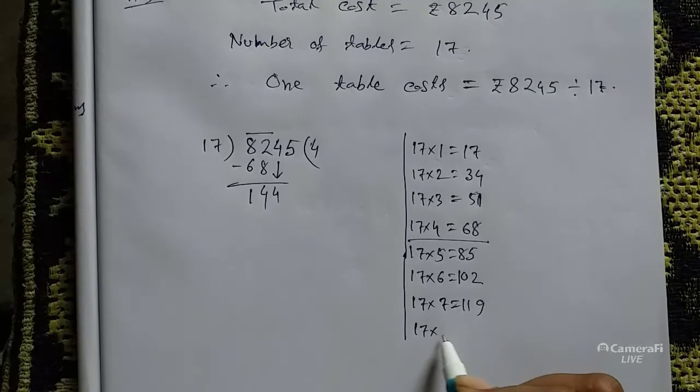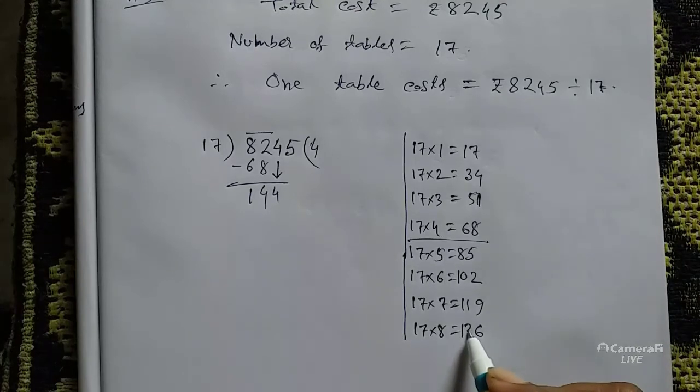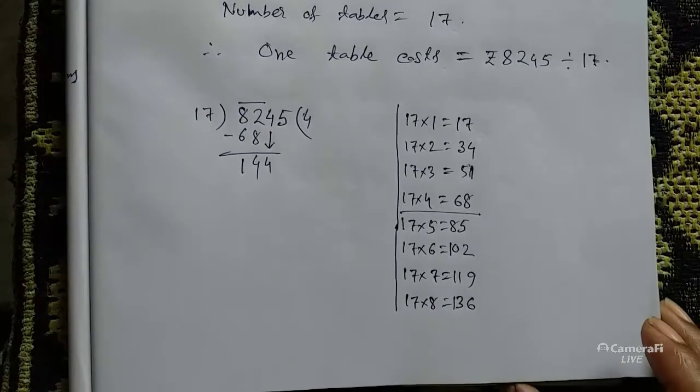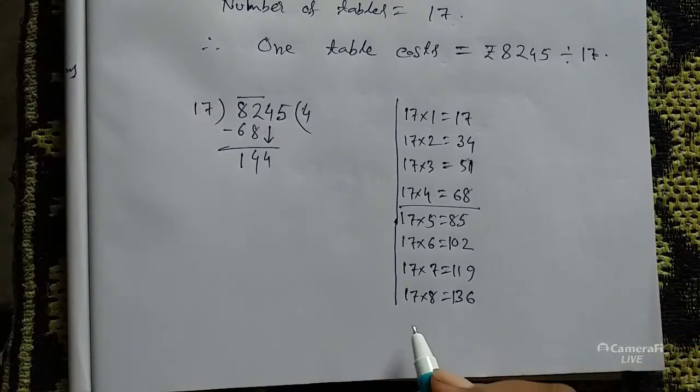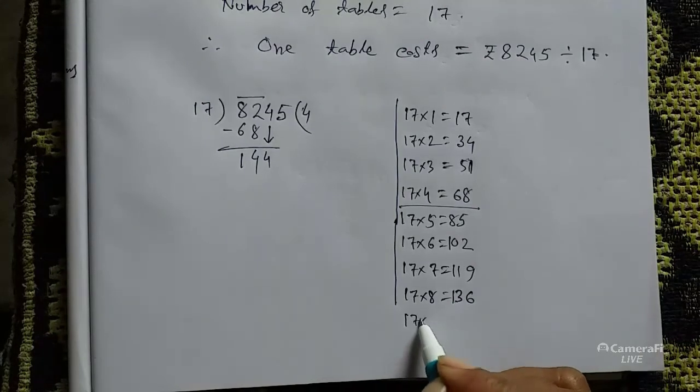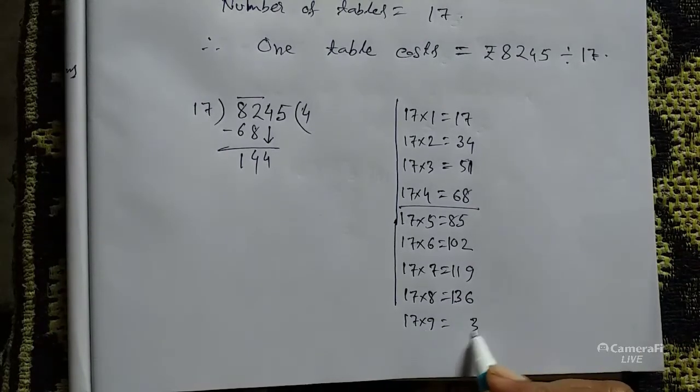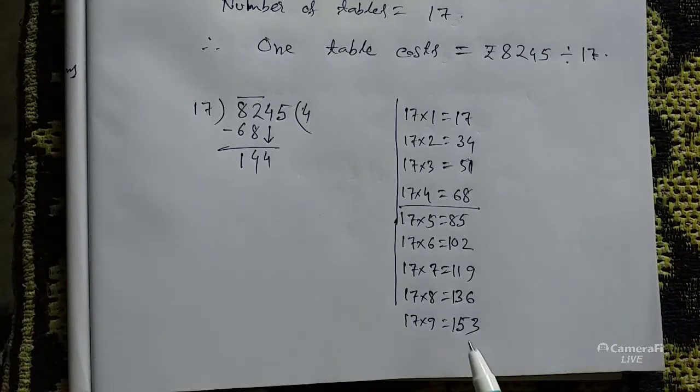Next, 17 multiplied by 8: 8 7 ja 56, 5 carry, 8 1 ja 8 plus 5, 13, 136. 17 9 ja 153. But 153 is greater than 144, so you should take this one by 8, 136.